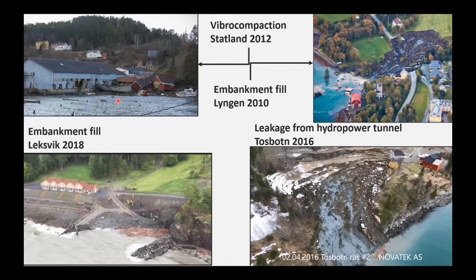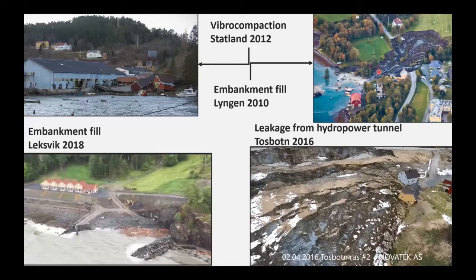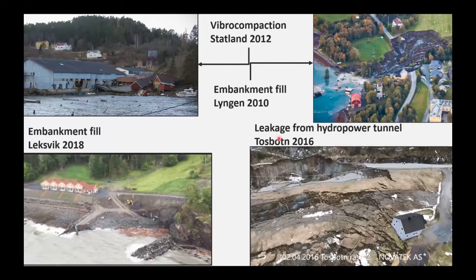It was a small quay that was being built along the shoreline, while the one here at Tosbotn in 2016 is a bit different. It was leakage from a hydropower tunnel that was being filled up, and then it was hydraulic fracturing of the rock, and then leakage, the water went into the soil and triggered the landslide. So there are all kinds of different triggering mechanisms here.